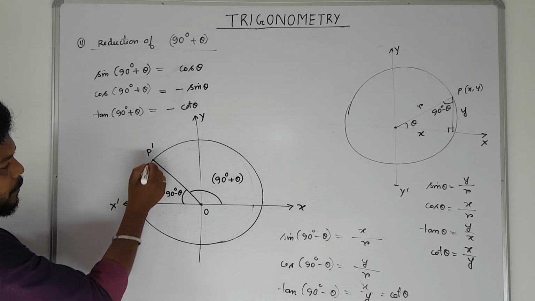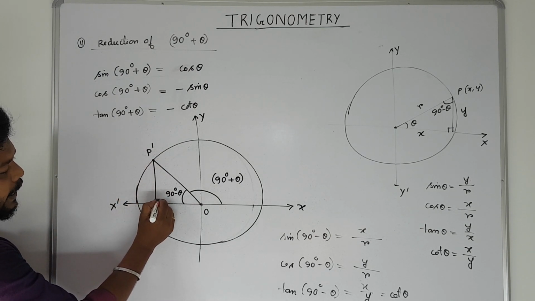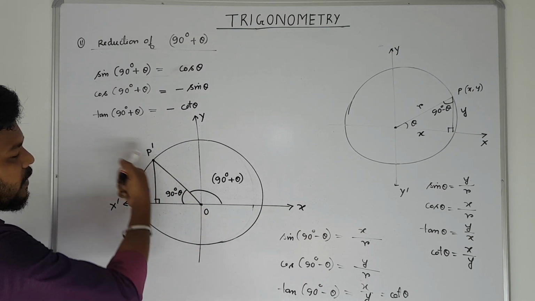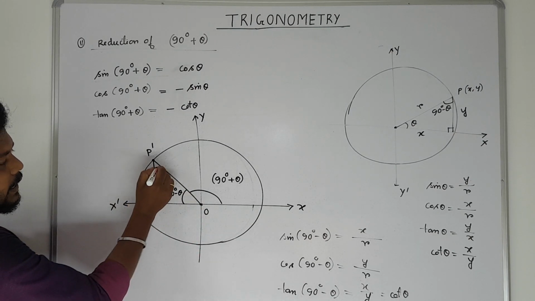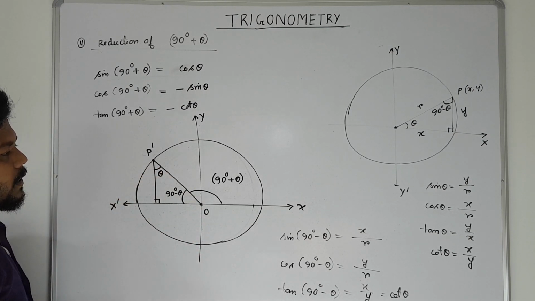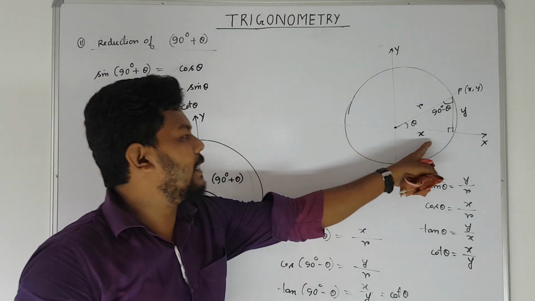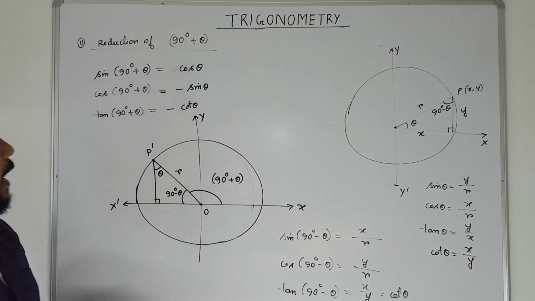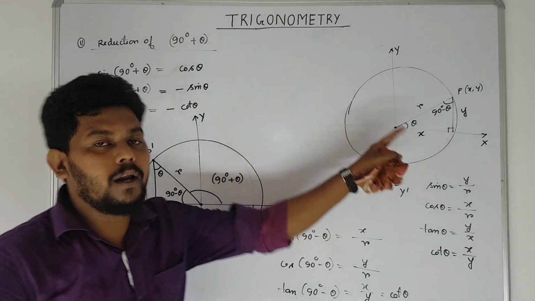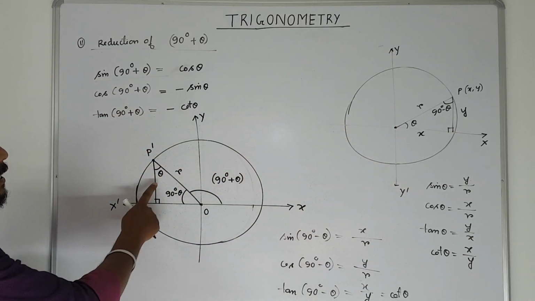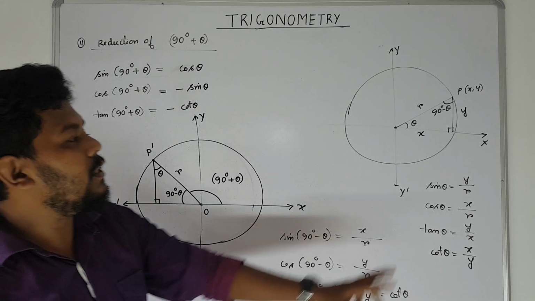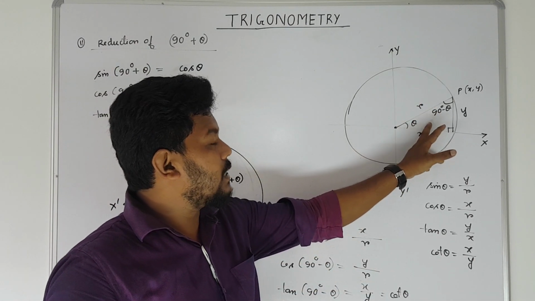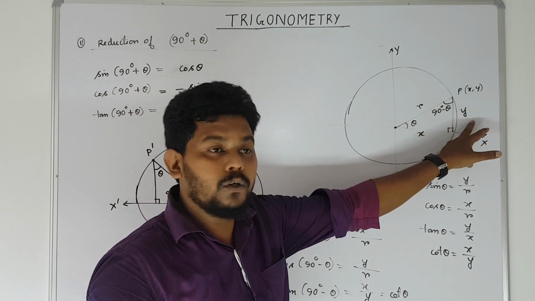Now if I draw a perpendicular from the point P on the x axis, it forms a right angle triangle where this angle is theta. Now these two triangles are congruent as they have the same hypotenuse, same size, and similar angles theta and 90 minus theta. For this triangle, the side opposite to angle theta is equal to y.